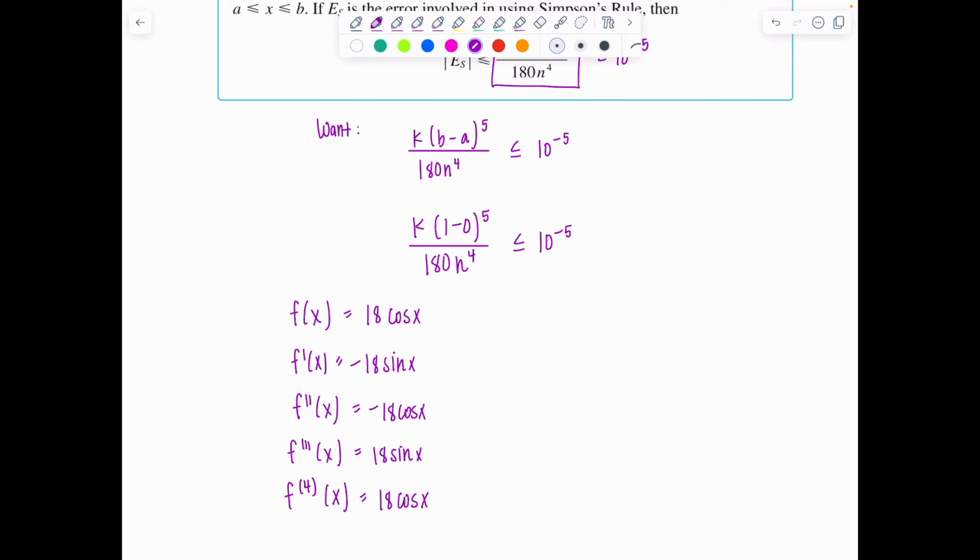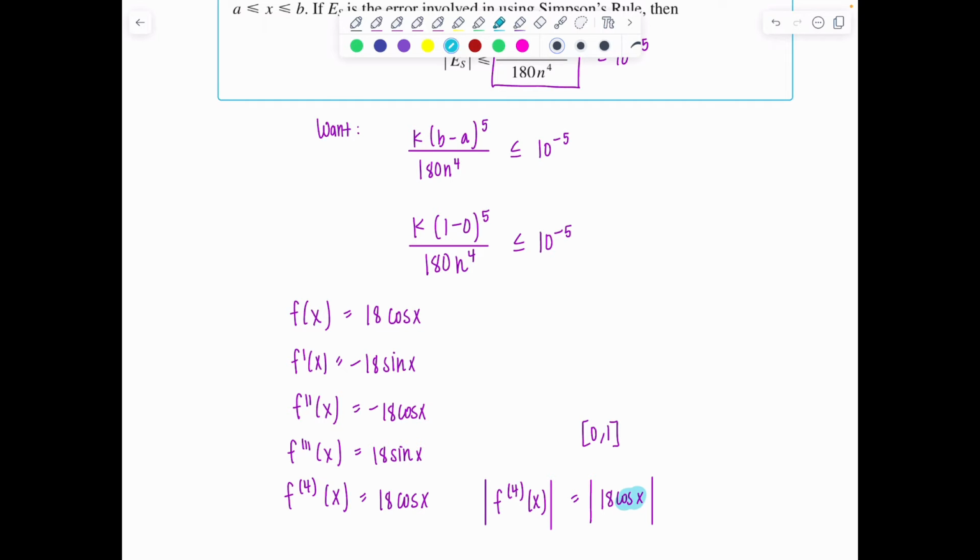Well, what's an upper bound for 18 cosine x on the interval from 0 to 1? And I'll take absolute value of that 4th derivative. Well, let's think here. 18 cosine x, and we're on the interval from 0 to 1. I mean, regardless of what interval we're on, cosine x at most is equal to 1, right?